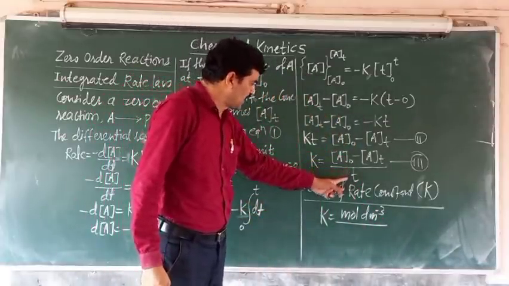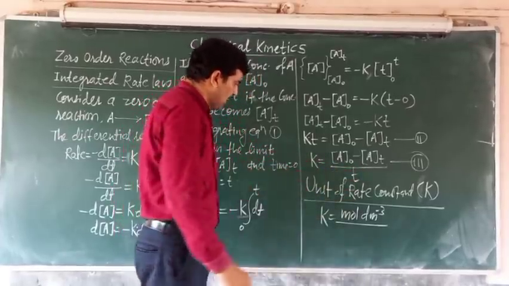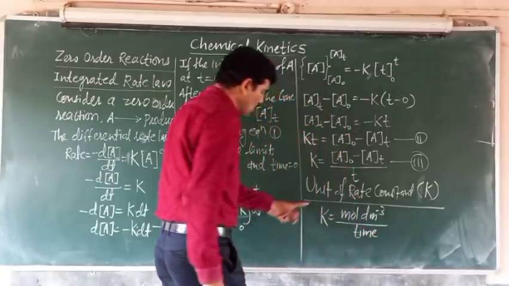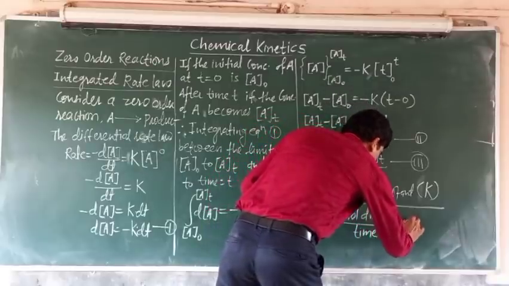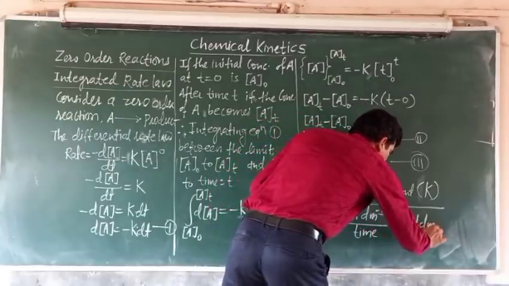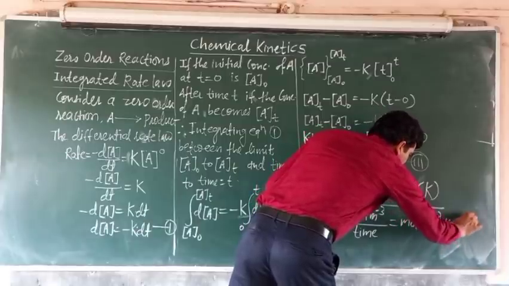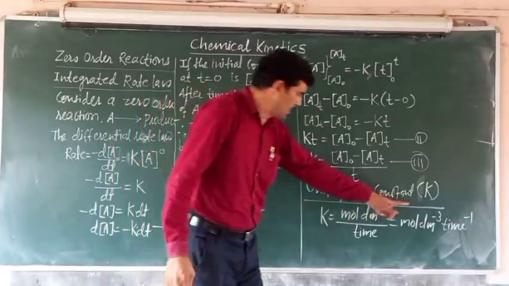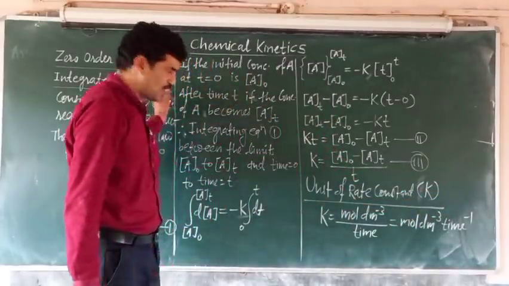Time may be represented in seconds, in minutes, or in hours. In general, we can write time. So the final unit of the rate constant of the zero order reaction becomes mole per dm cube time inverse, or mole per liter time inverse. This is the unit of the rate constant of a zero order reaction.